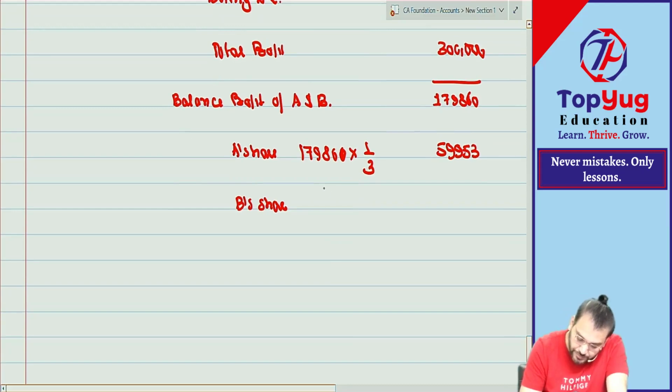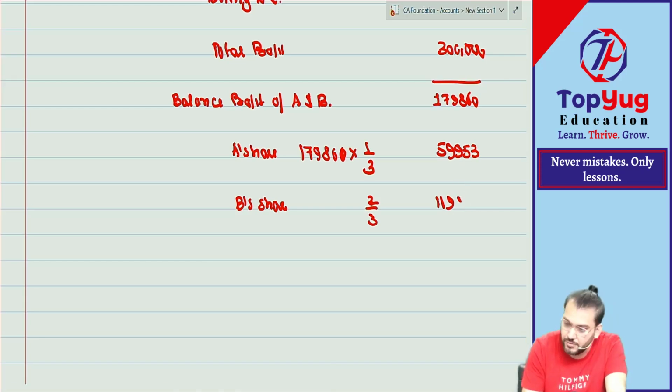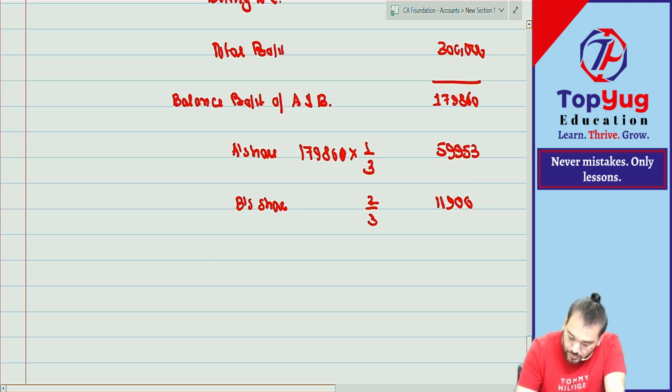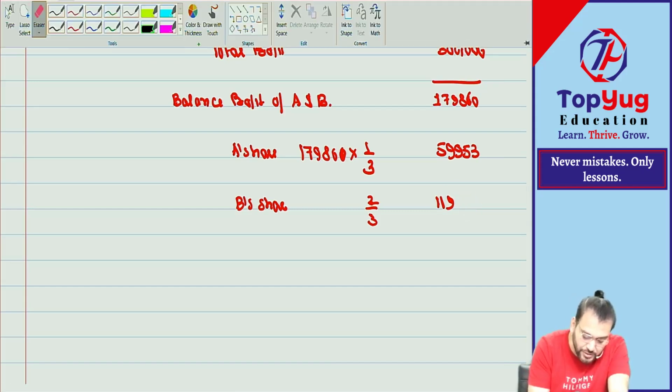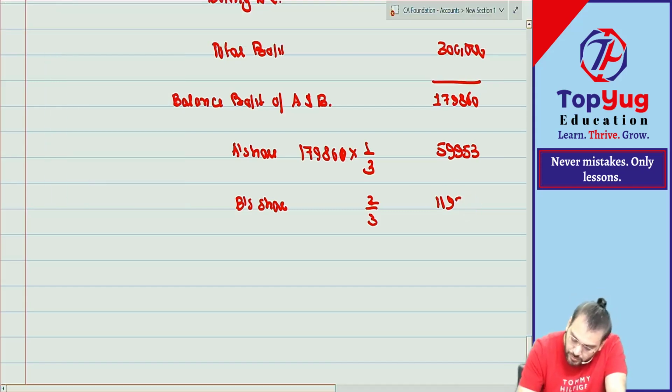B share, 2 by 3 na? 1,19,906. Have you understood?